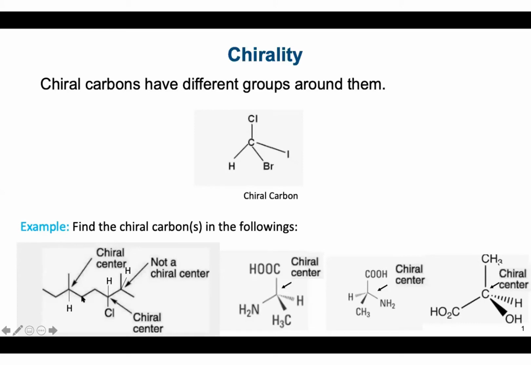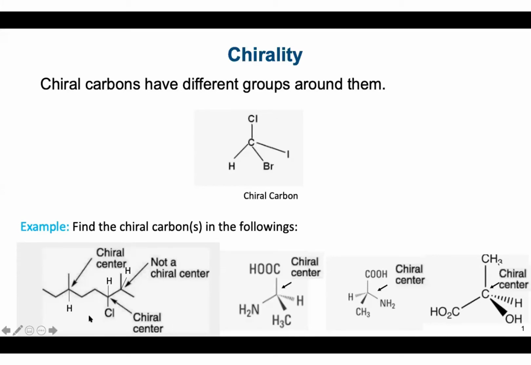What about these carbons? This carbon here, this carbon here, this carbon here. These carbons are not chiral because there are 2 hydrogens attached to each of them. So 2 hydrogens means that there are the same elements attached to it.